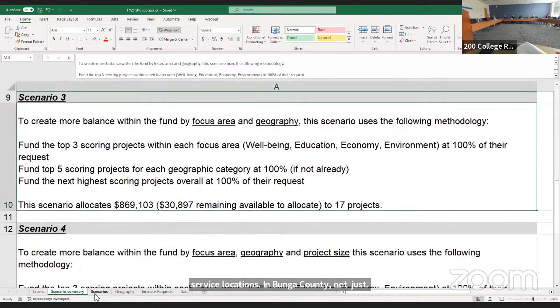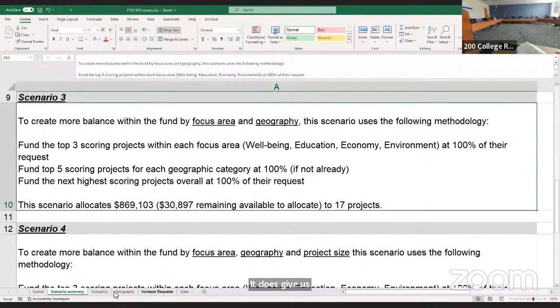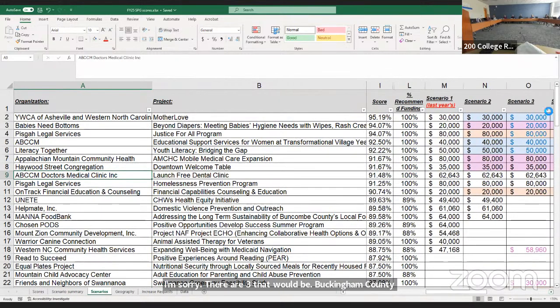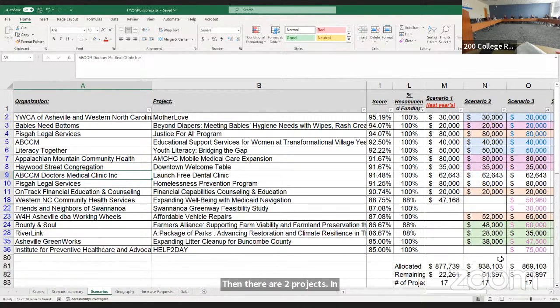So that gives us a little bit of a different spread, because again, we're not just going by the next highest scoring necessarily. So there were 3 that would be Buncombe County on top of the 12 by focus area. And then there are 2 projects, ABCCM and Pisgah Legal, that would be the next highest scoring just overall, that would be included in that scenario.